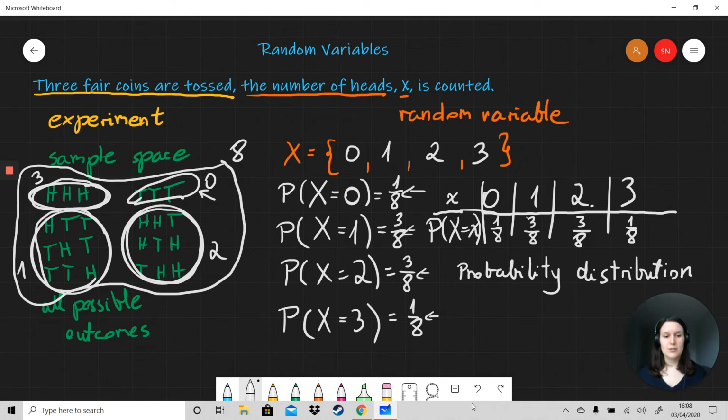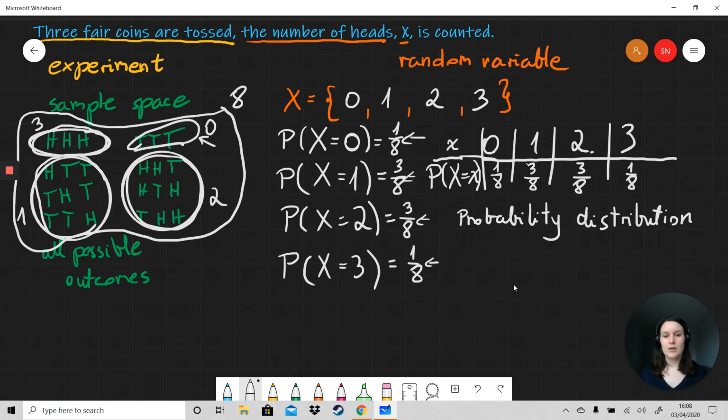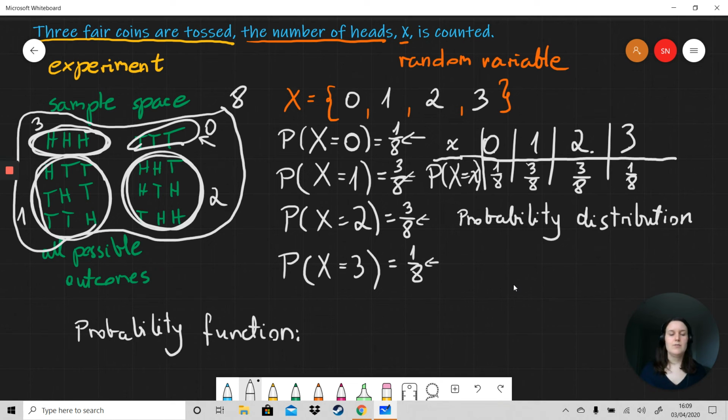Now let's try to prepare a probability function. The probability function will be a similar thing, just the format will be different. So now I would like to see what the values of the probabilities are. Instead of creating a table, I will create a function notation. That's the only difference.